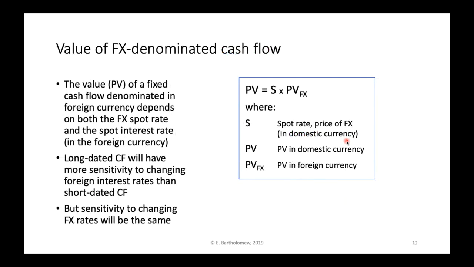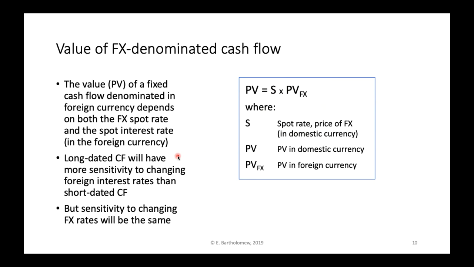Now let's look at a more complicated example involving cash flow. If we have cash flows that are denominated in a foreign currency, the value of that cash flow will depend on the interest rates in that currency. So we would value the cash flow in that currency. We get its present value, that's our PVFX, and then we would multiply that by the spot rate or the price of that FX measured in domestic currency.